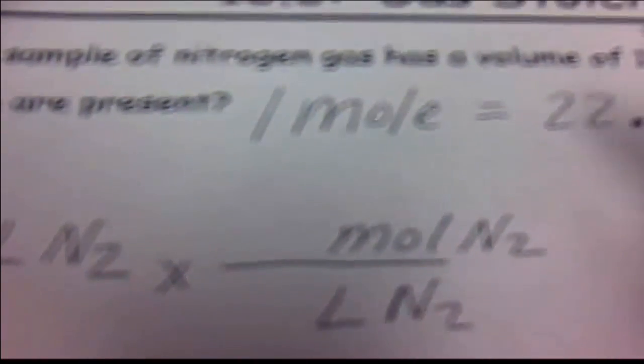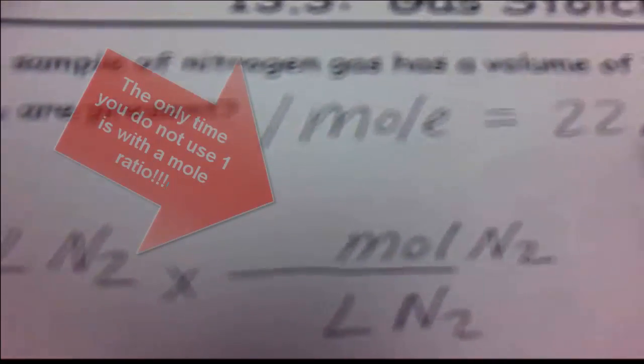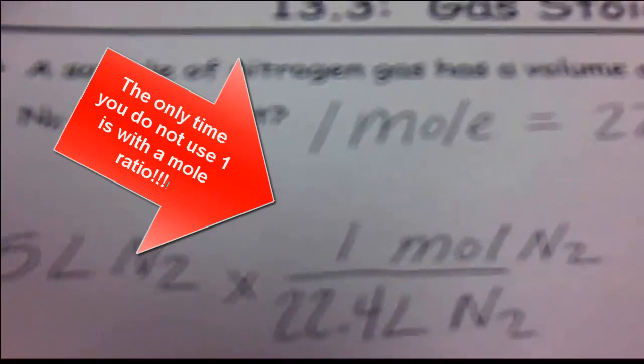Then we're going to use that statement that we just showed up above, 1 mole, 22.4. So 1 goes with the moles, 22.4 with the liters. And then we do our math. This is going to be a division problem where we take 1.75 divided by 22.4.